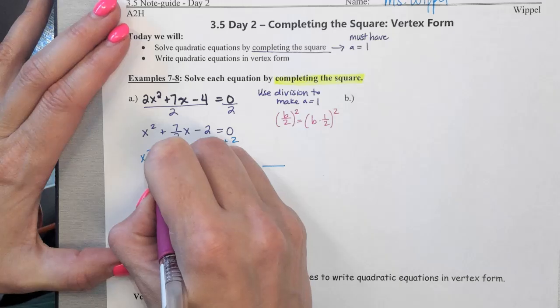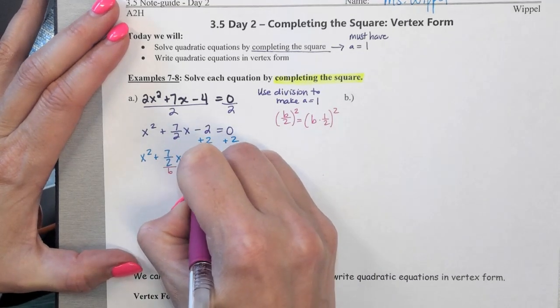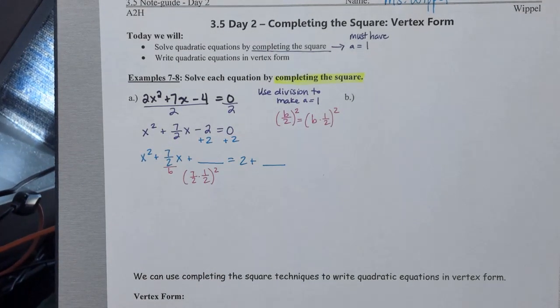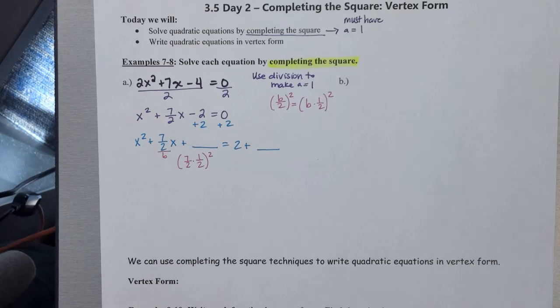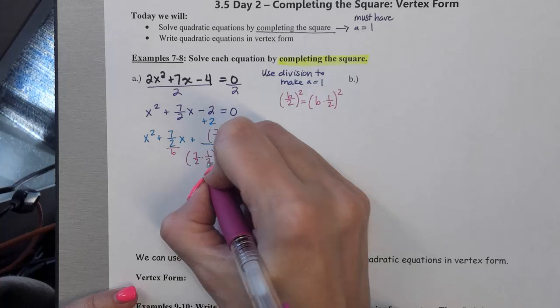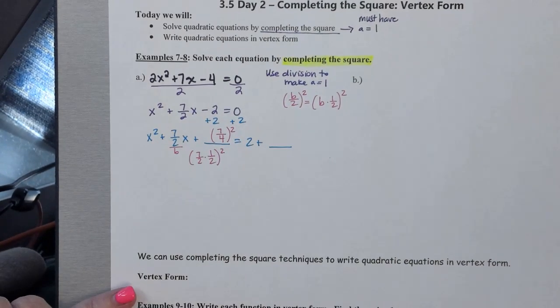Okay, so this is your b value. So we're going to do 7 over 2 times 1/2, and then we're going to square it. Okay, so if you guys remember from last week, I like to keep it like this. You guys might remember why.